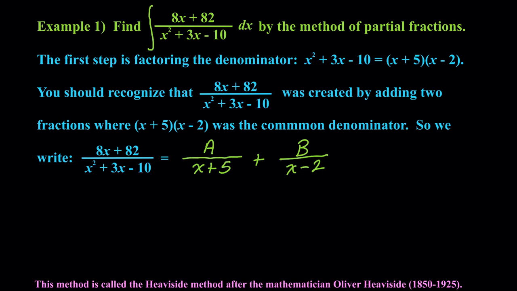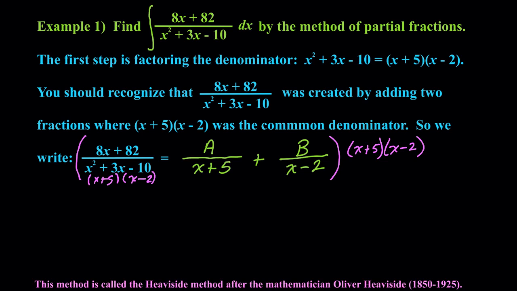All right, so the way that we can solve this is we can multiply this whole equation by the common denominator of x plus 5 times x minus 2. The purpose of doing that is to get rid of the fractions in our problem, because this down here becomes x plus 5 times x minus 2.